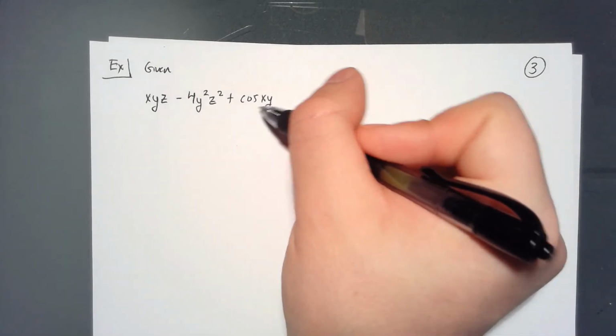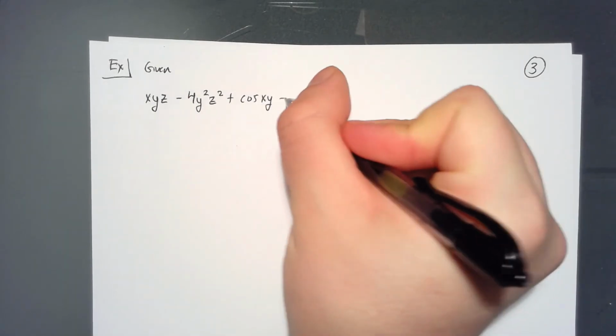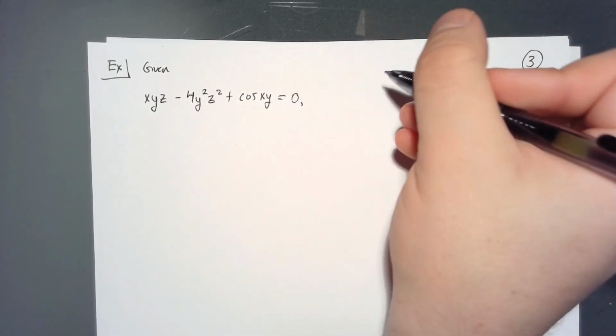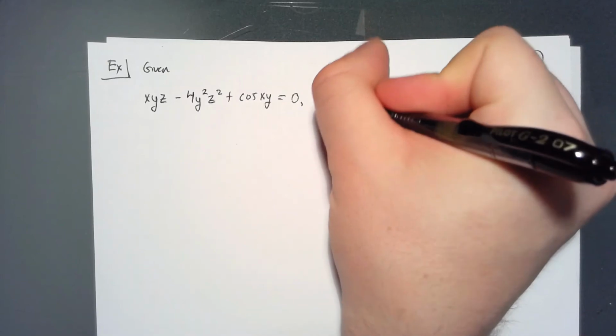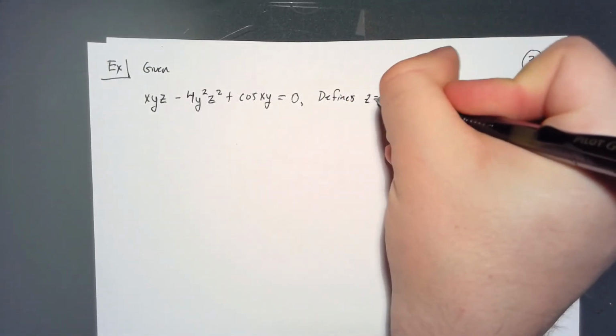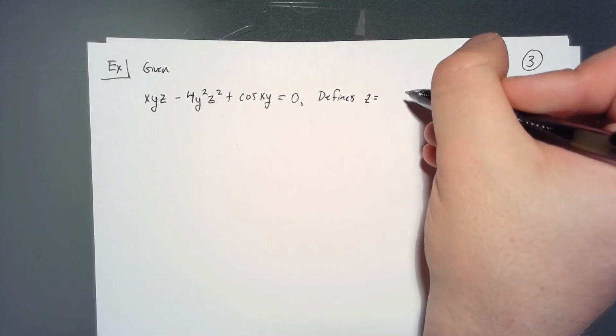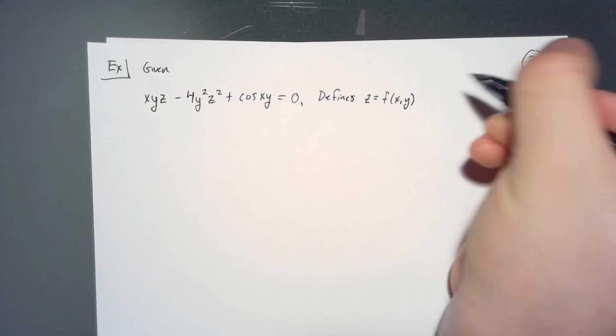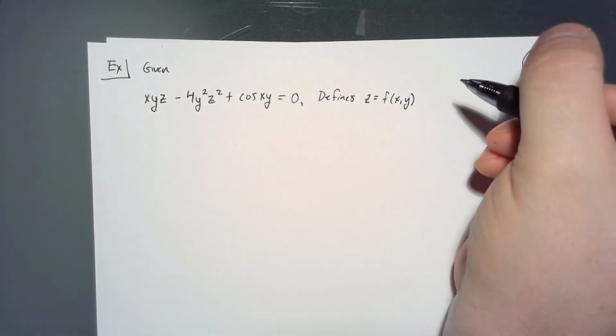This product is being put into cosine. Equals 0. So suppose that multivariate function defines z as a function of x and y.